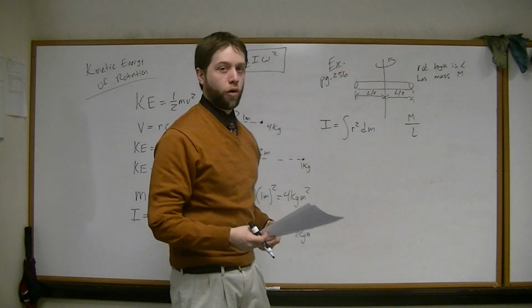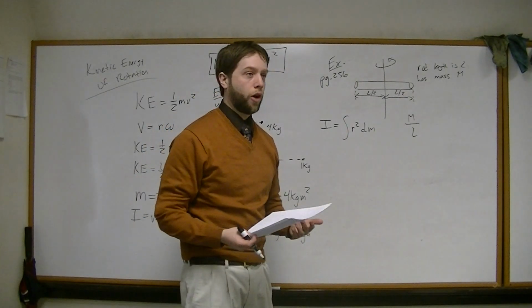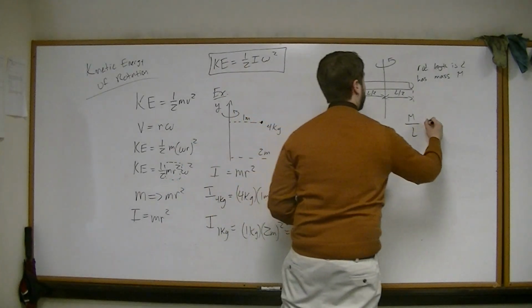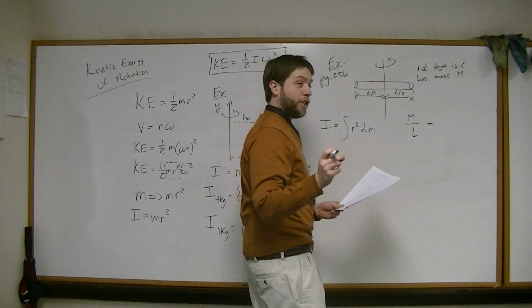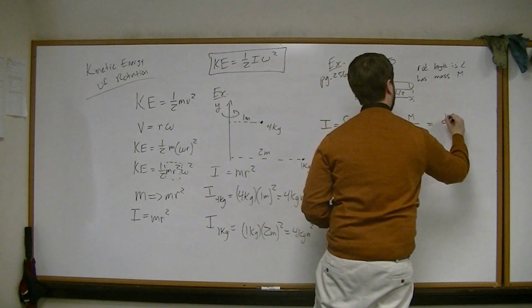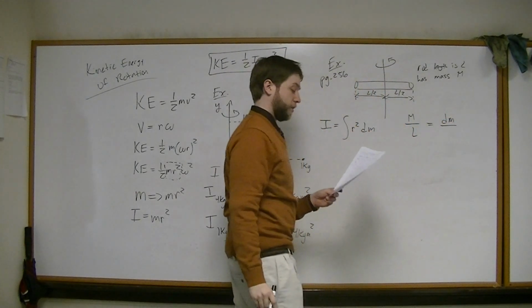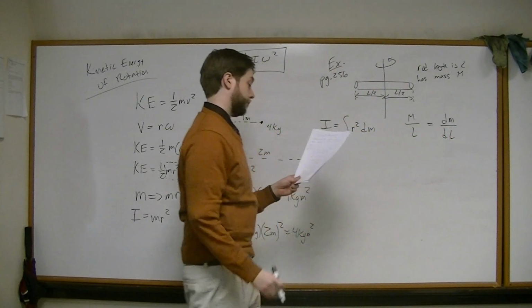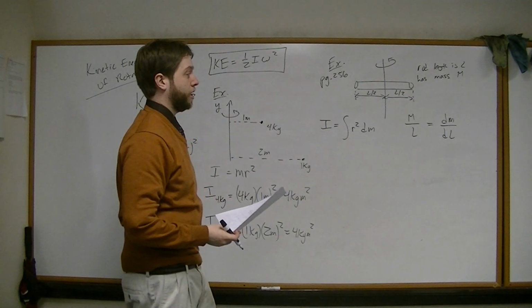Mass over length, like mass over volume, gives us something that looks like density. Now that's a ratio, and it's going to be related to a small piece of the mass and some small length element dl.